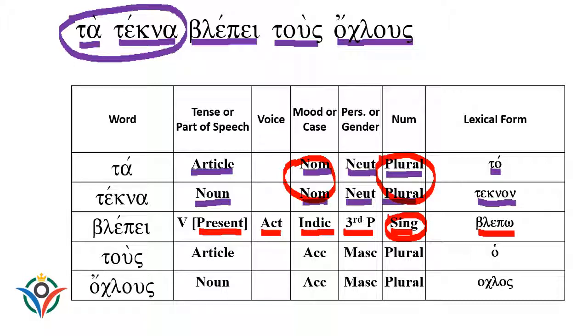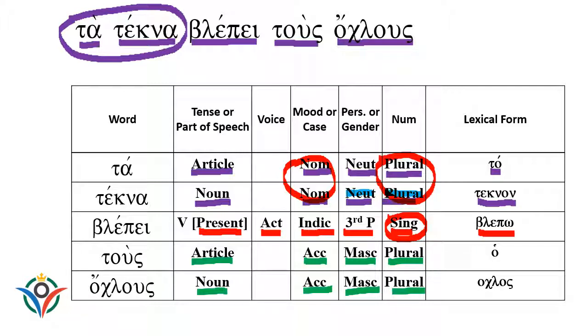Because the subject is a neuter plural subject, and that takes a singular verb ending. And then finally, we have tous, which is an article. It's accusative, masculine plural, and the noun ochlos is also accusative, masculine plural, and that means crowd.